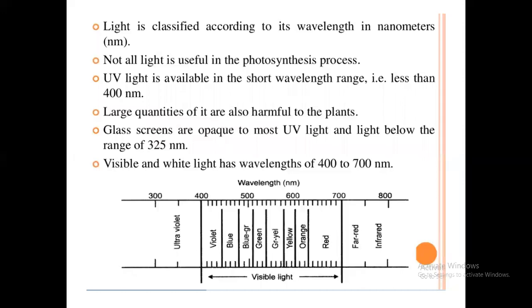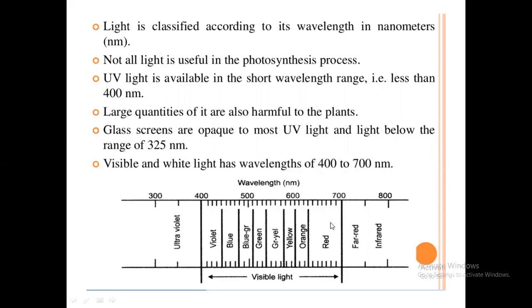Not all solar radiations are useful for the completion of the photosynthesis reaction, but only the visible spectrum of the light, and that visible spectrum ranges from 400 to 700 nanometer.